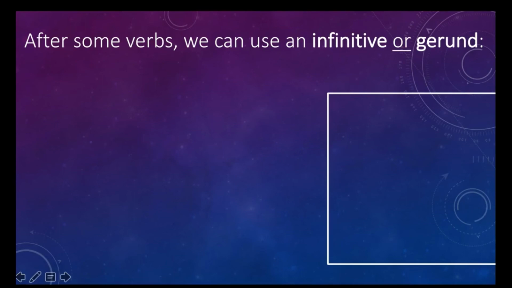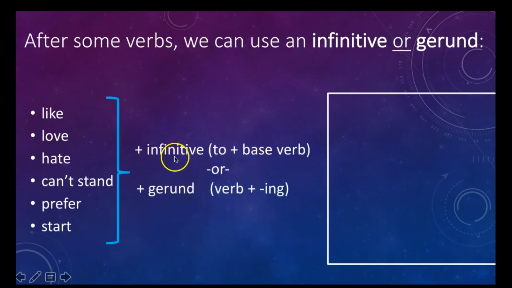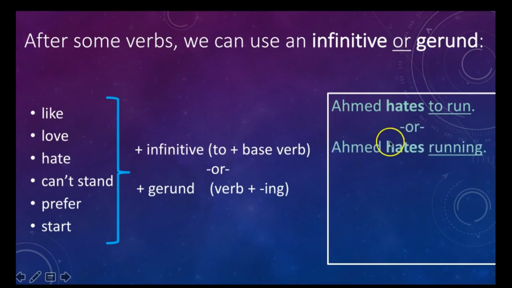And after some verbs, we can use an infinitive or a gerund. For example, like, love, hate, can't stand, prefer, and start. After these verbs, we can use an infinitive or a gerund. For example, we can say Ahmed hates to run, or we can say Ahmed hates running.